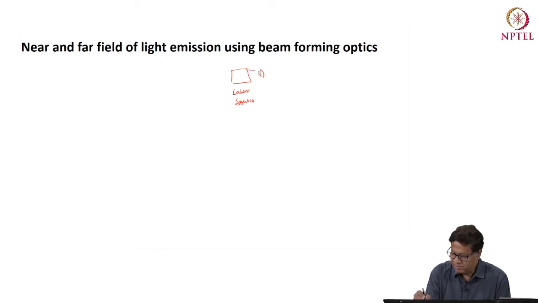The beam from the laser source will come, get converged, and then start diverging. This is what happens. So let us define this as the midpoint.